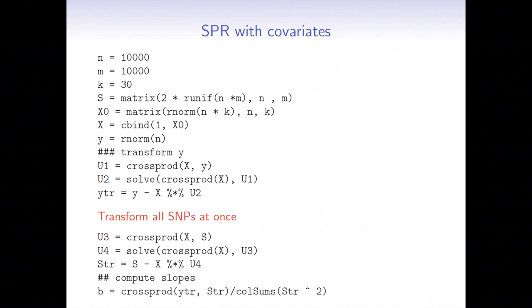We have to be careful when we do this data transformation, because if you just multiply matrices one by one as they are in the formula on the slide before, it will be very inefficient, and you also may run into memory problems when you multiply an n times n matrix. So here we show how to do those transformations in the quickest and most efficient way. And here we transform the SNP matrix, and note that everything goes in a semi-parallel way. So I transform the whole SNP matrix at once also. And here I compute the vector of betas.